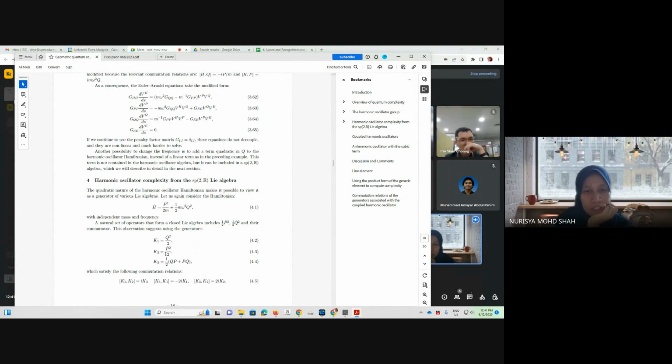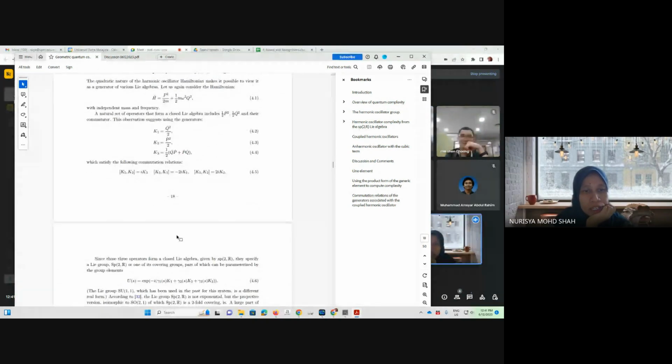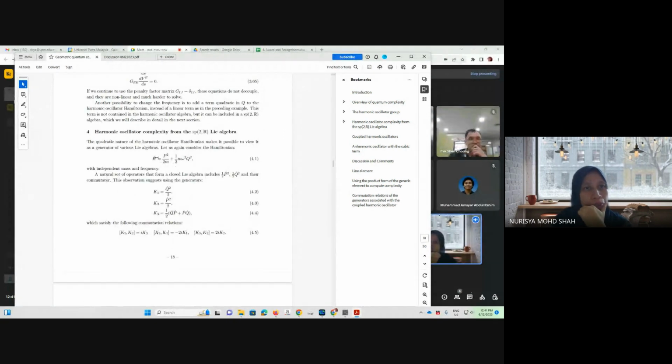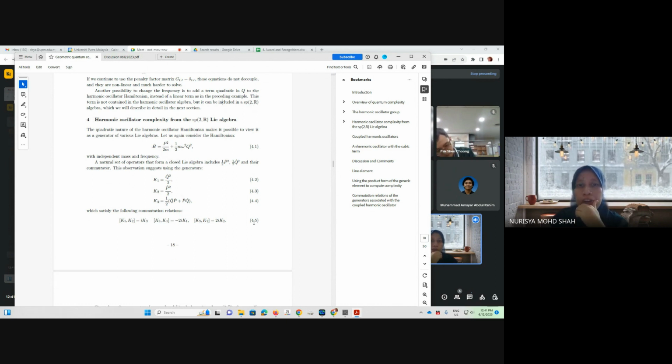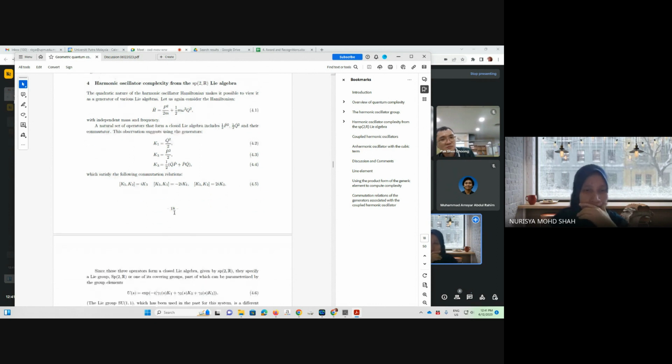Yes, but they talk about this part not contained in the harmonic oscillator algebra. Some of them say the algebra cannot be exponentiated. I'm not sure why this is different from the earlier one, because 4.5 is still different from the earlier, I think.